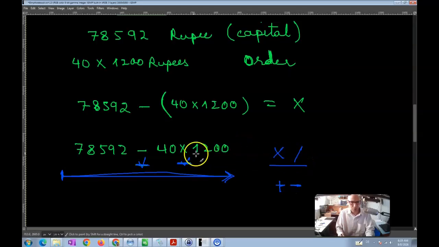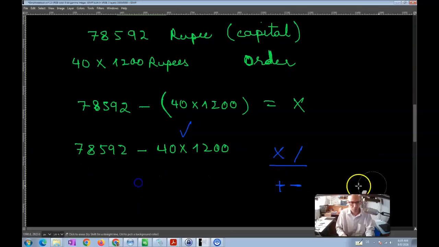So since multiplication has the first priority, first you have to take care of this part, meaning first you will do this operation, 40 times 1,200, whatever that is, then you will subtract it from this number.